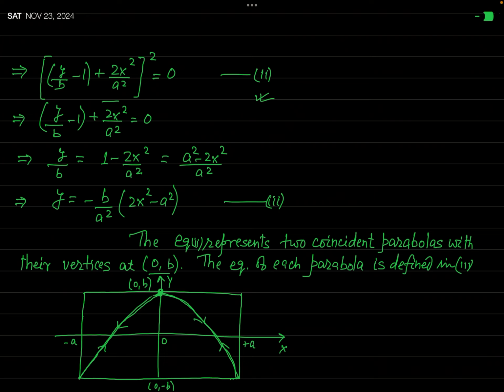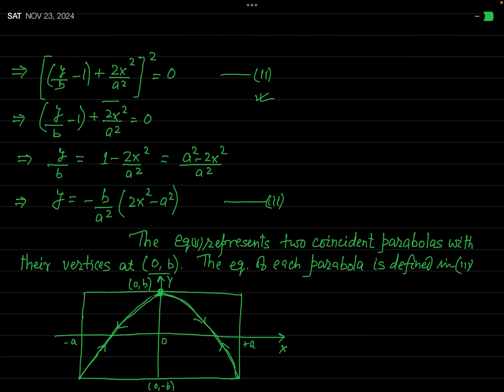So when phi is equal to pi by 2, the Lissajous figure will be just as shown in this figure. That will be two coincident parabolas.